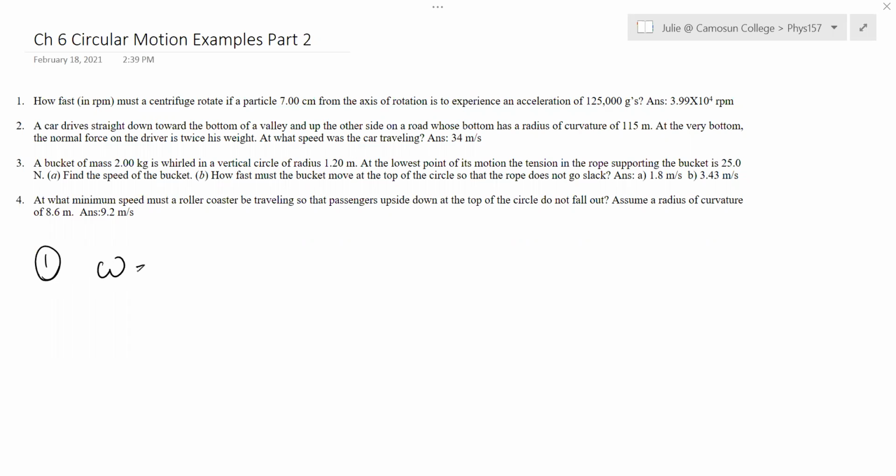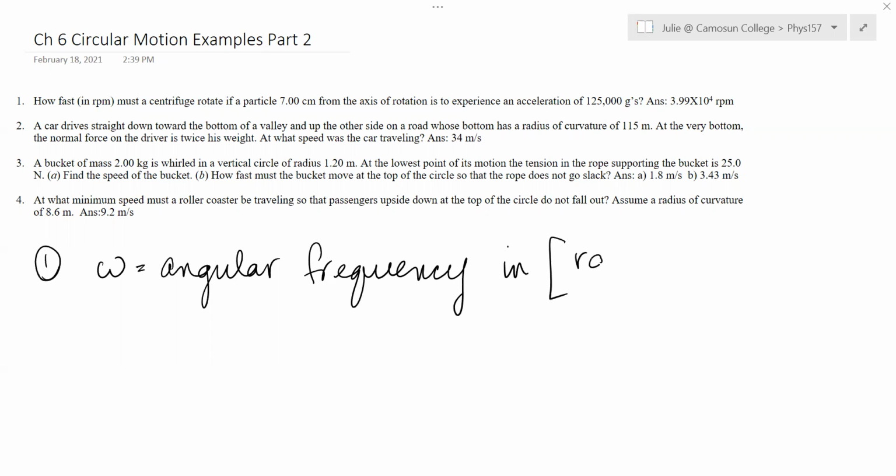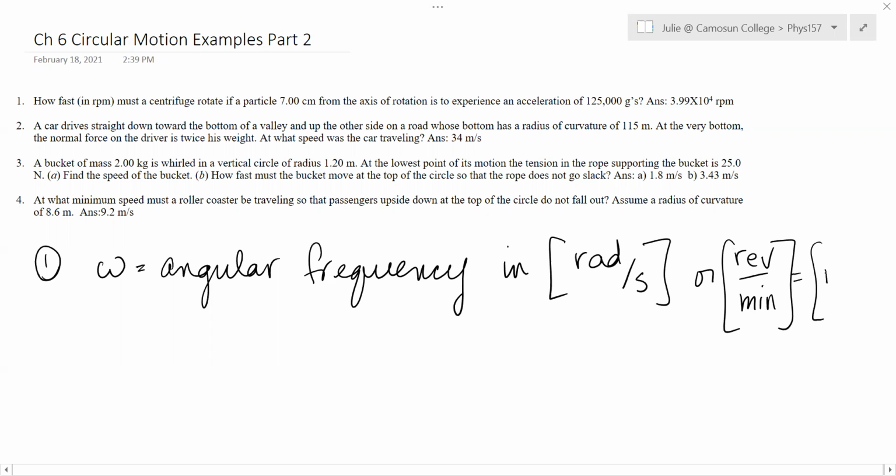omega is the symbol given to it. It's called angular frequency, and the units, if it's in the SI units, would be rads per second, but often it's also in revolutions per minute, or RPM. Okay, this is not to be confused with regular frequency.